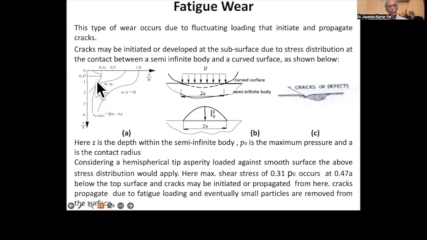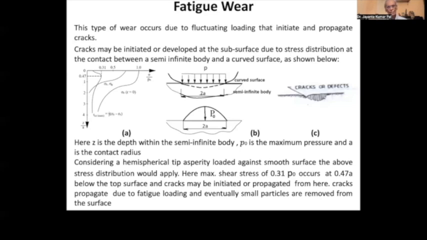So the non-dimensional stress is 0.31 and the non-dimensional depth is 0.47. At this point, shear stress is maximum. And usually, at the point where the shear stress is maximum, the crack may be initiated and it will start to propagate.